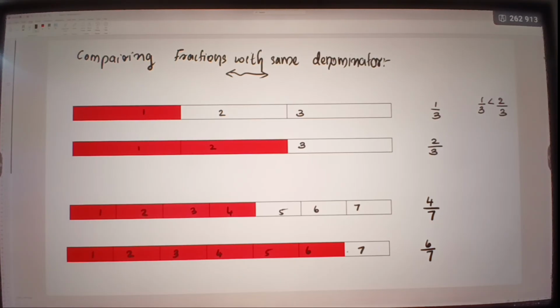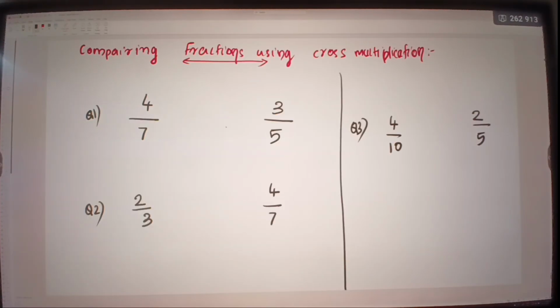So when you look at both cases, in the second case it has more region shaded. So 6/7 is greater than 4/7.